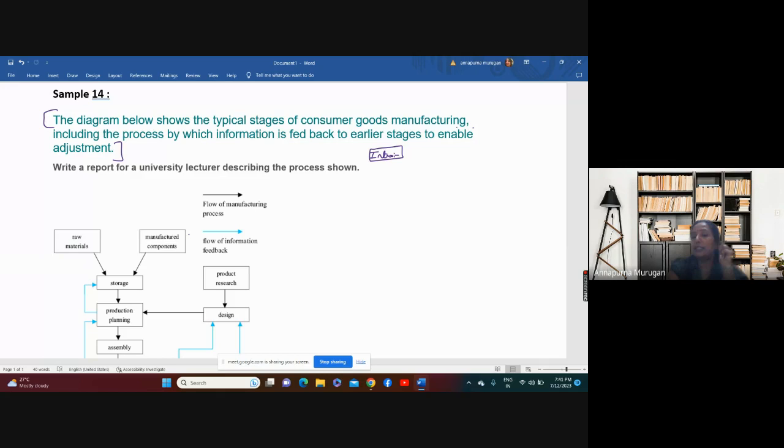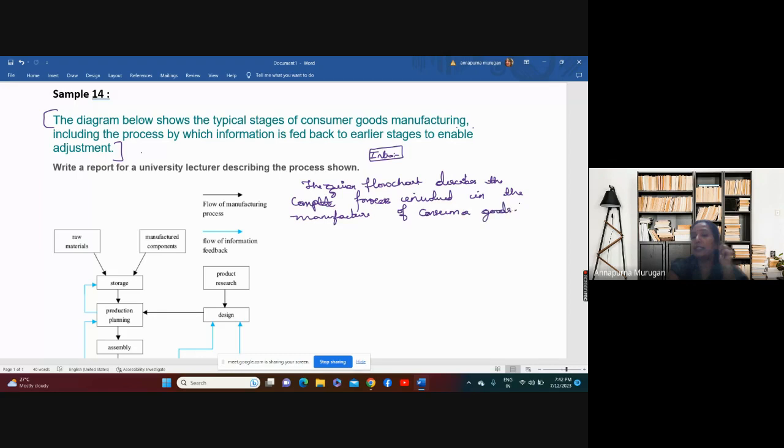So to paraphrase the question statement, how can we say it? The given flow chart describes the complete process involved in the manufacture of consumer goods.